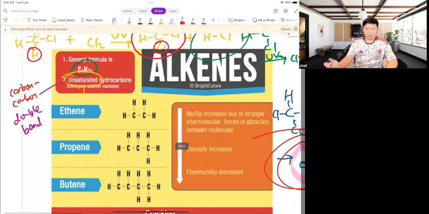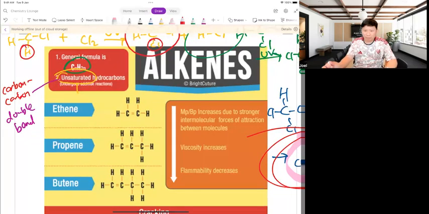So the first member of the alkene cannot be methane. I say again, just now methane can, but this one cannot be methane. Why can't it be one carbon? Because how do you use one carbon to form a double bond?